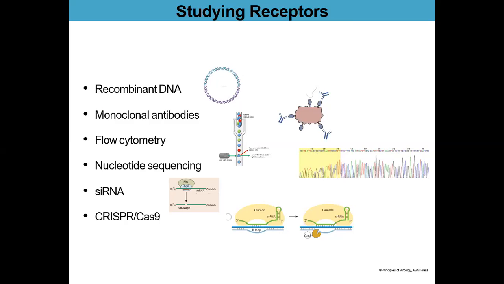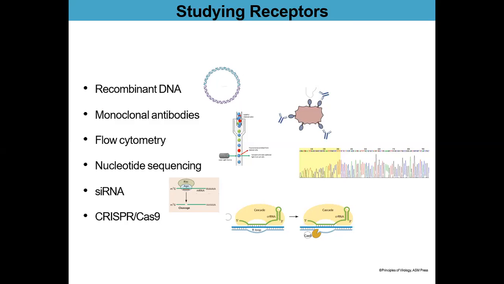If you are studying a receptor and you suspect that this is the receptor involved, then you take the cell and remove the gene responsible for encoding that particular receptor, and the cell receptor for the virus will not be present then, right?